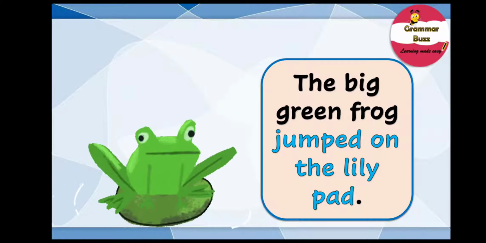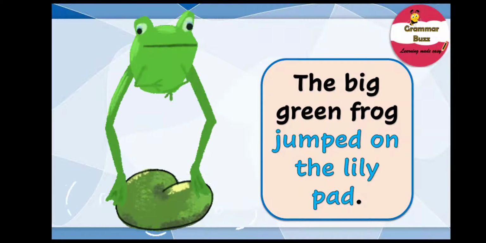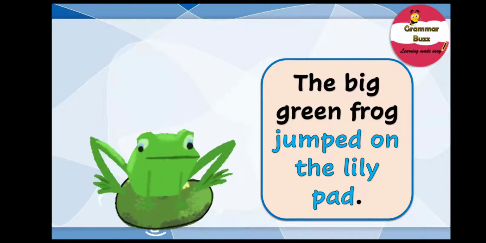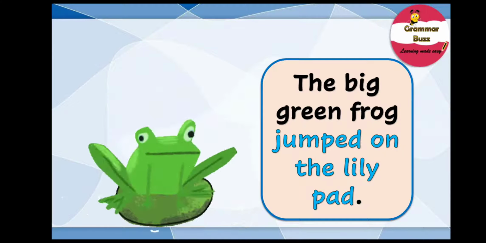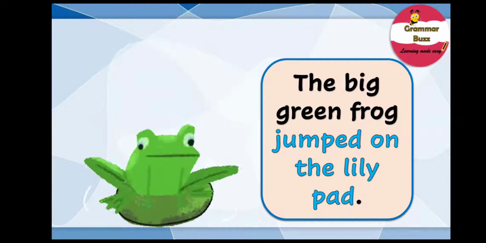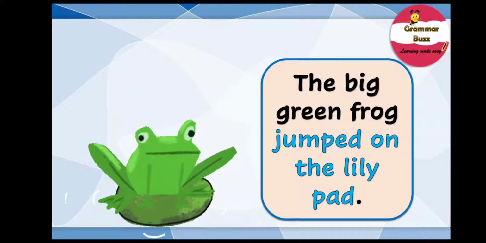Jumped is the verb. So, what is the predicate? Jumped on the lily pad is certainly the predicate of the sentence, because this part of the sentence tells us what the frog did. Hey, I hope you remember predicate always contains a verb, and in this case it is jumped.